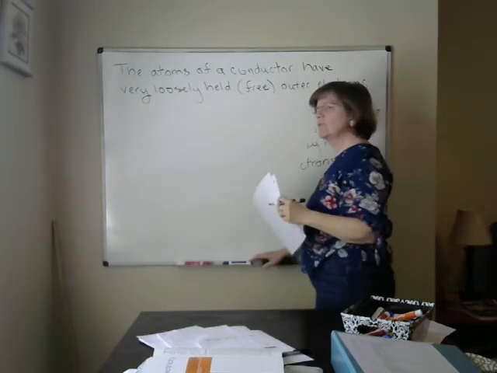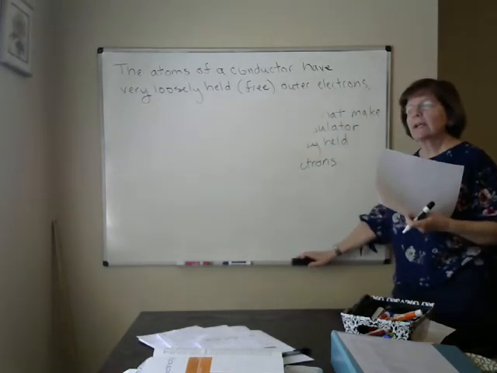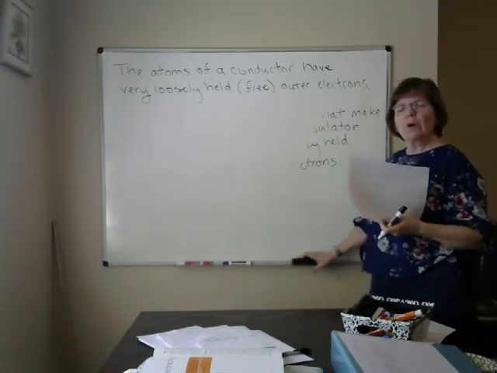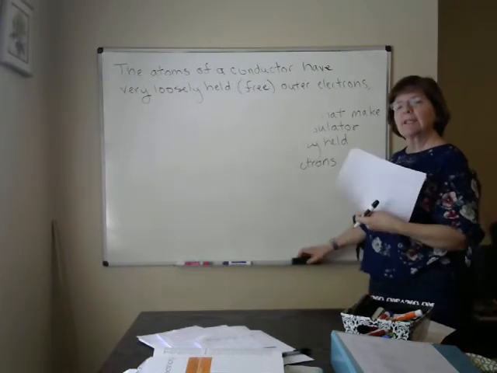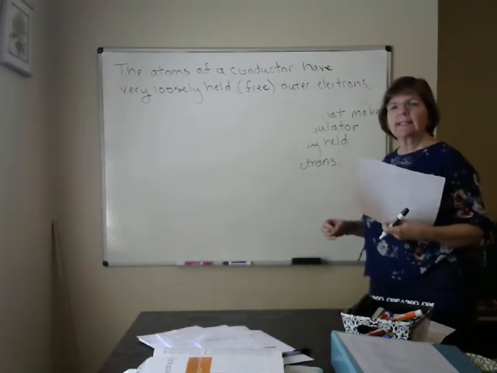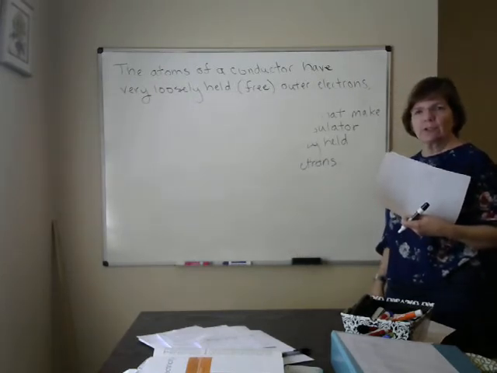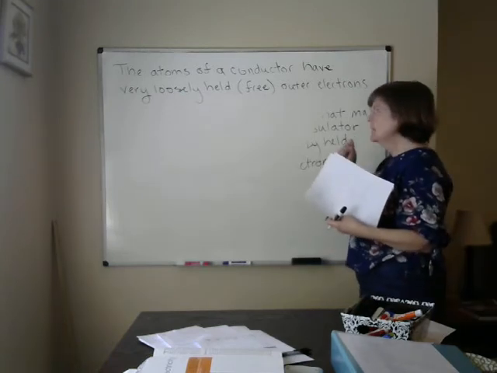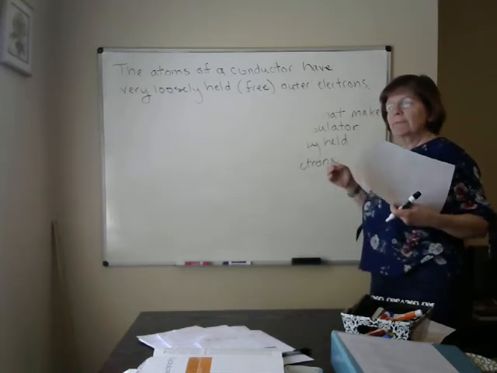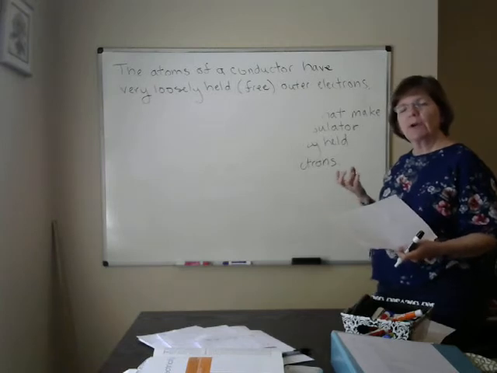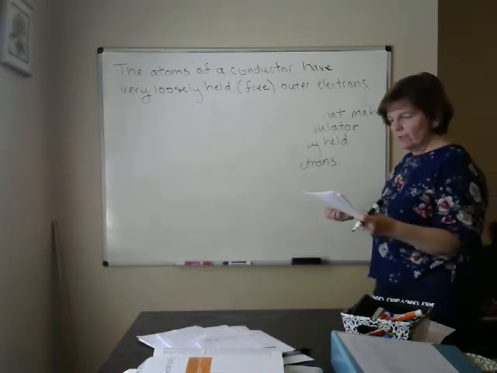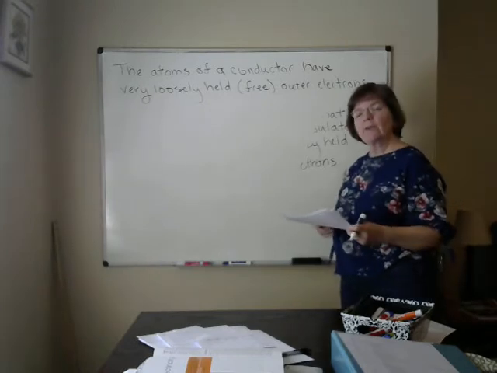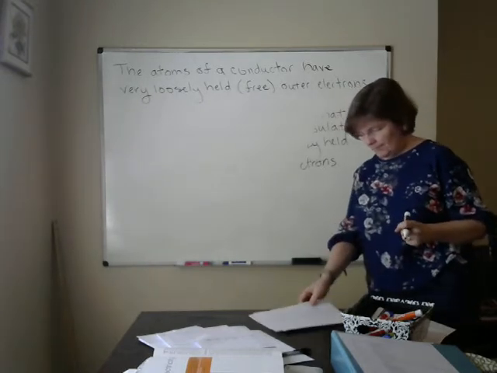Again, if you had chemistry, we call those valence electrons. Most metals will only have 1 or 2 electrons in that outer shell. And since atoms like to have a full outer shell, the easiest thing to do is just get those 1 or 2 electrons away. So those metal conductors have what we call very loosely held or free electrons in their outer shell. They're very happy to let those flow and get rid of them. Okay.